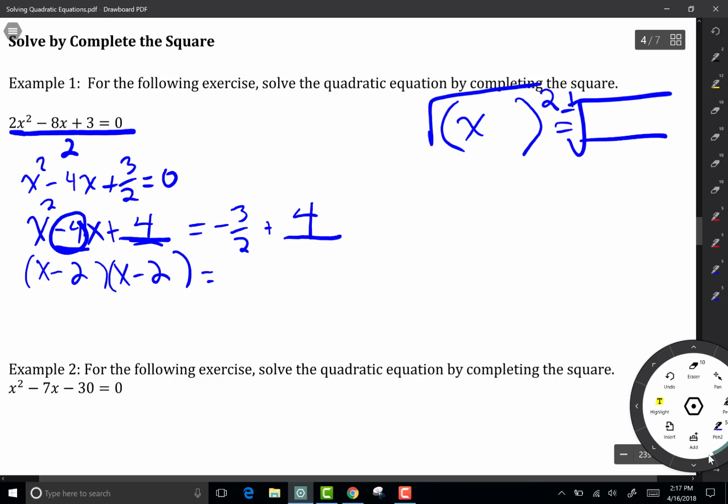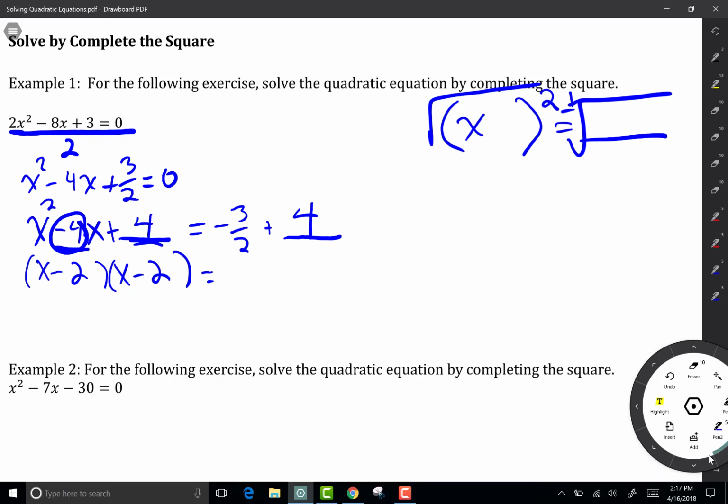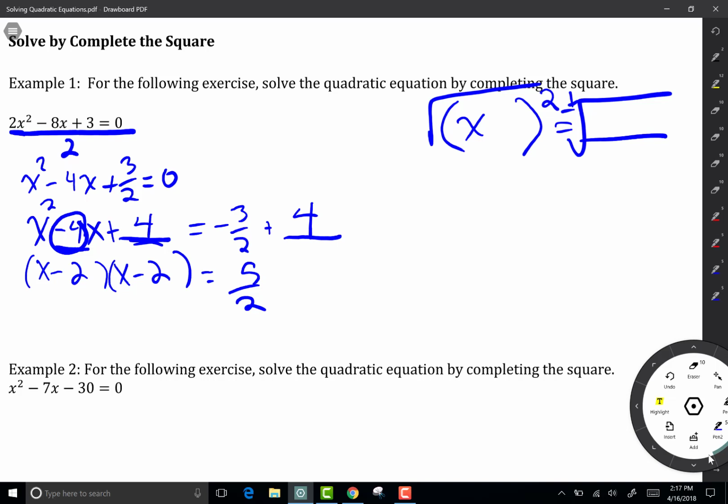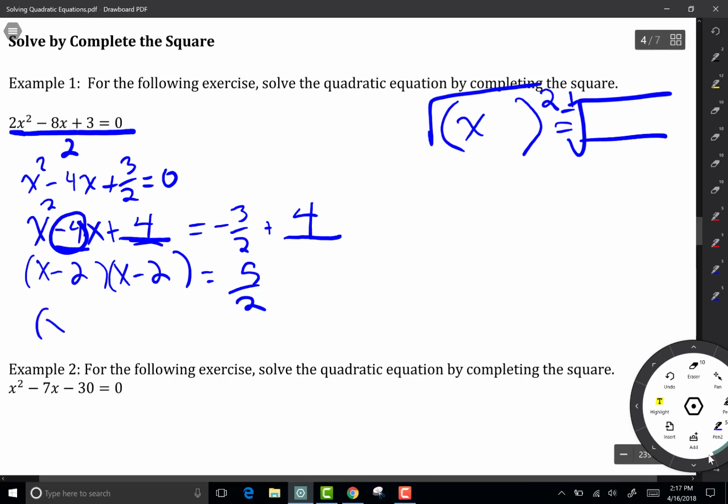That's going to give me 2.5, which is 5/2. Now, I can rewrite this x minus 2 times x minus 2 as x minus 2 squared is equal to 5/2.